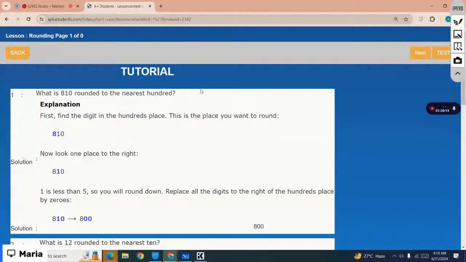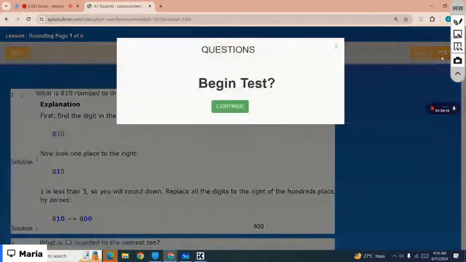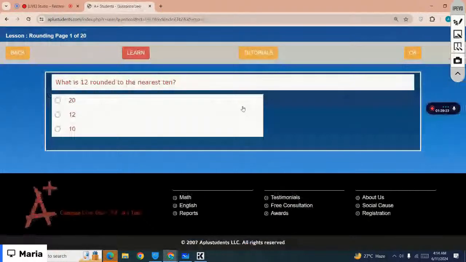Yes, because that is close to 800, just 10 numbers away. So that's why it would be rounded off to 800, right?